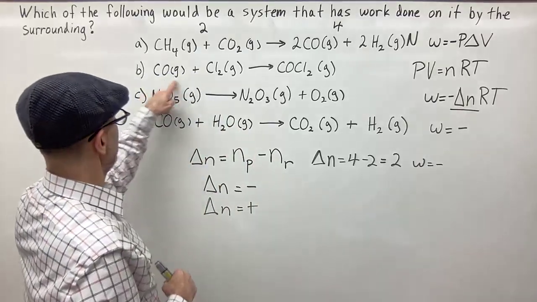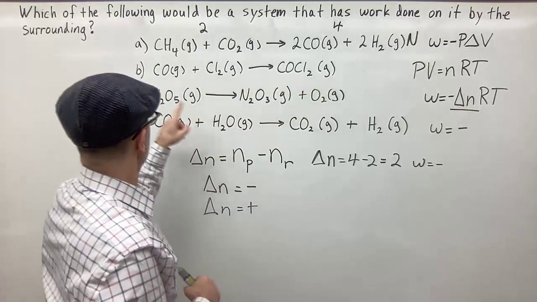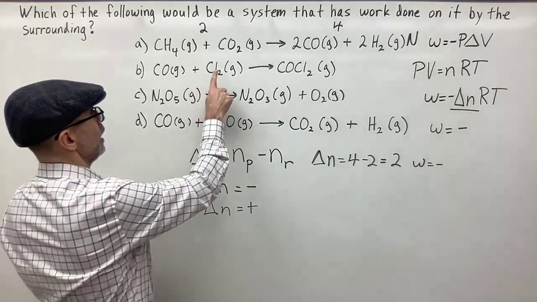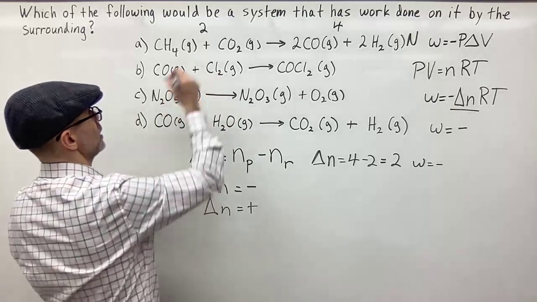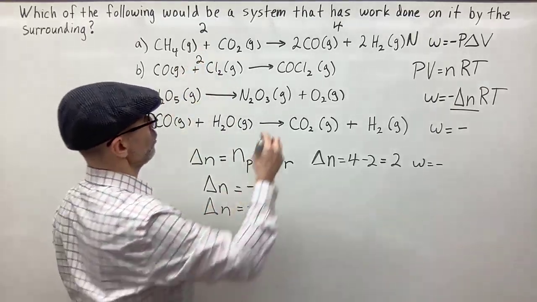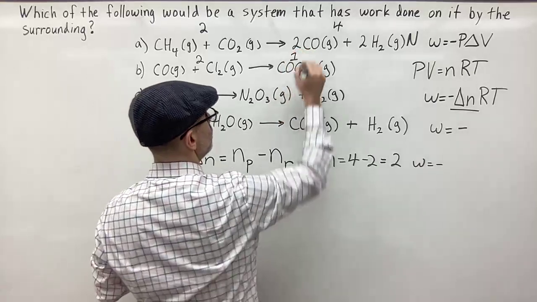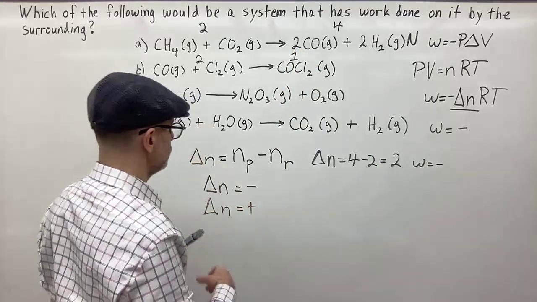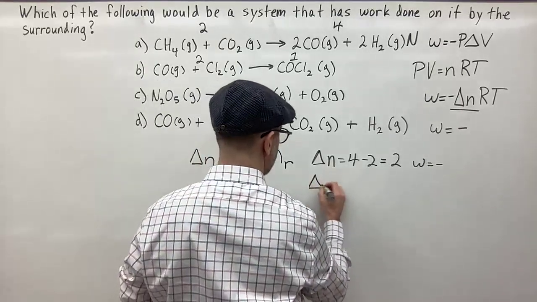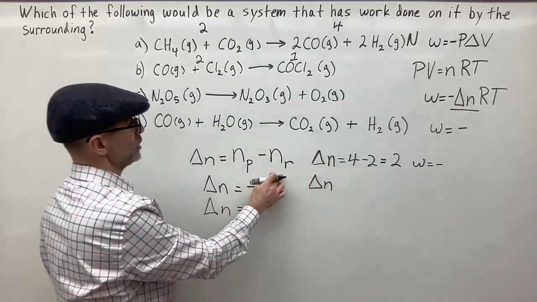Here we have gas, gas, and gas again. So here we have 1 and 1. We have 1 and 1. So again, on this side we have 2 moles of gas, and over here we have 1 mole of gas. In this case, delta N is going to be products minus reactants.